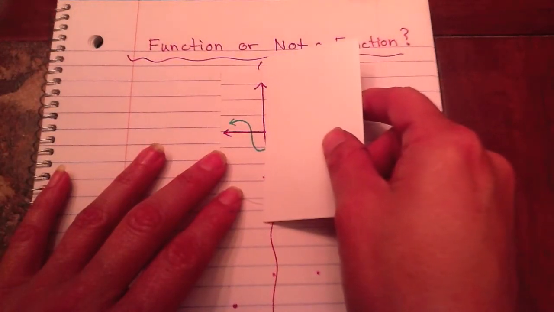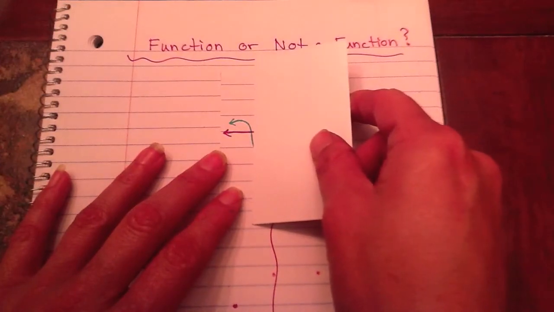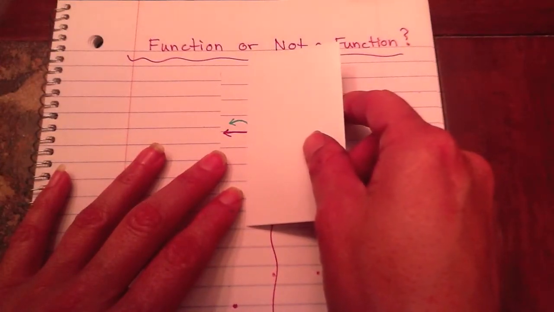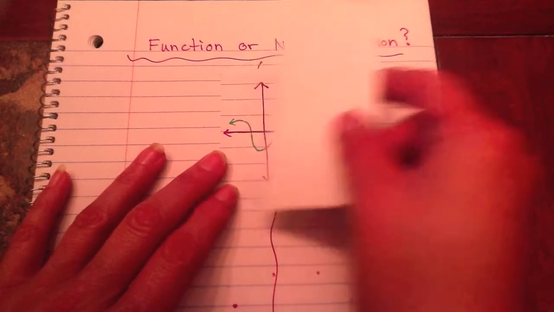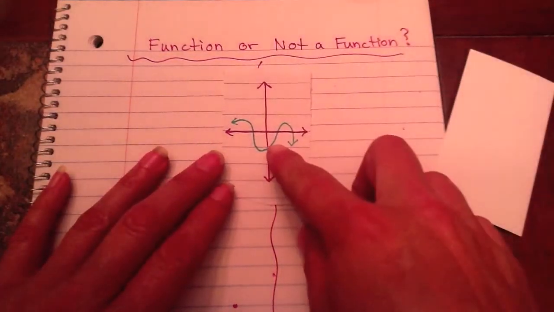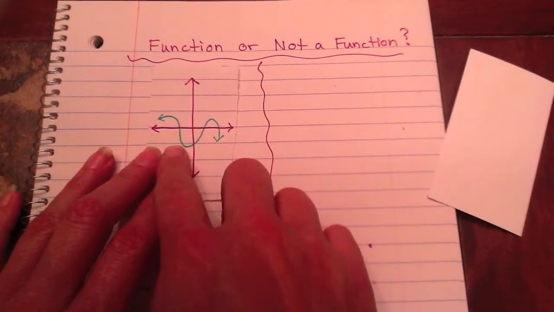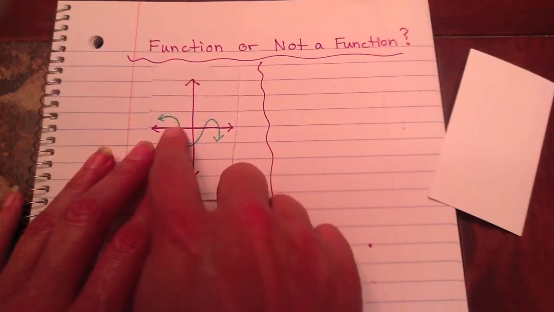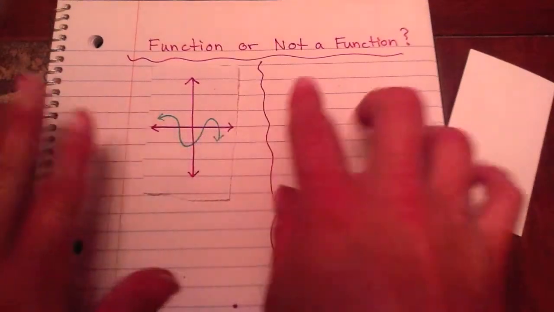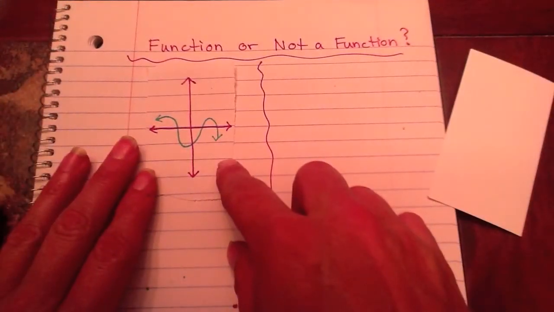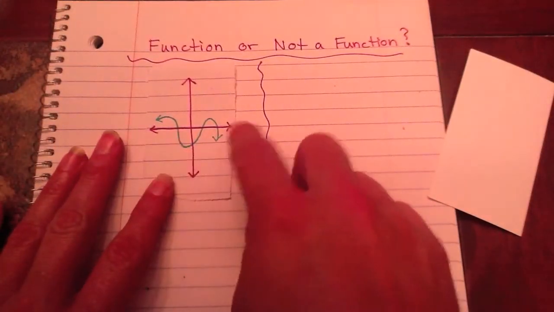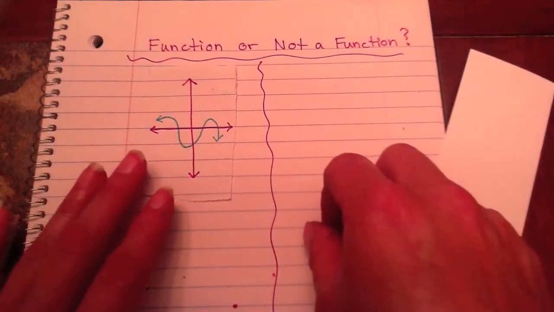You need a straight line for it to cross. That gets really close, but it never crosses twice. So that actually is a function. That should have been on this side. You just have to make sure this never goes straight. Even though it's starting to look like it, you have to imagine if we were to expand that graph. You might want to draw yours a little wider so you really see that difference.